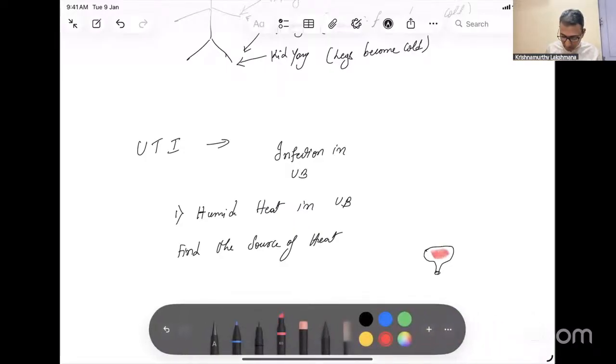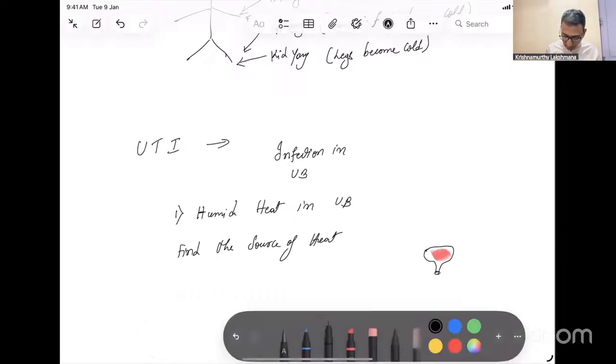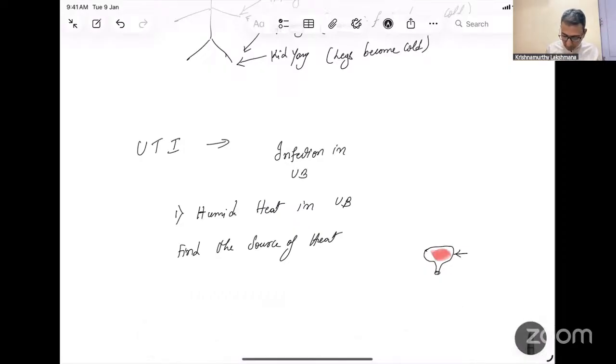Now, the heat can be of this own organ, or it can be coming from some other organ in the body, flowing through some other organ.